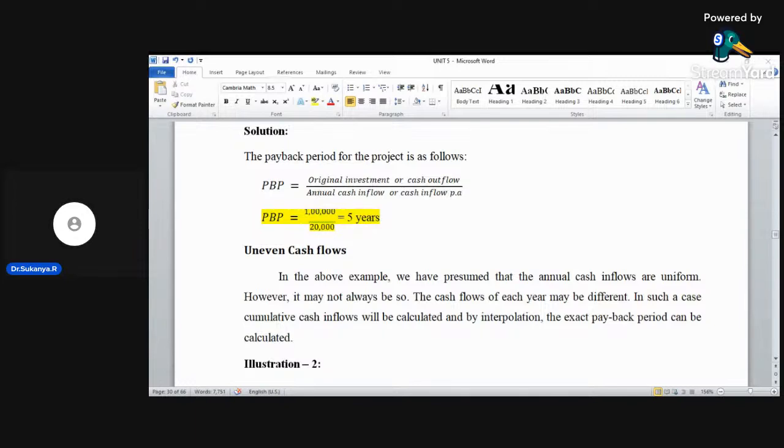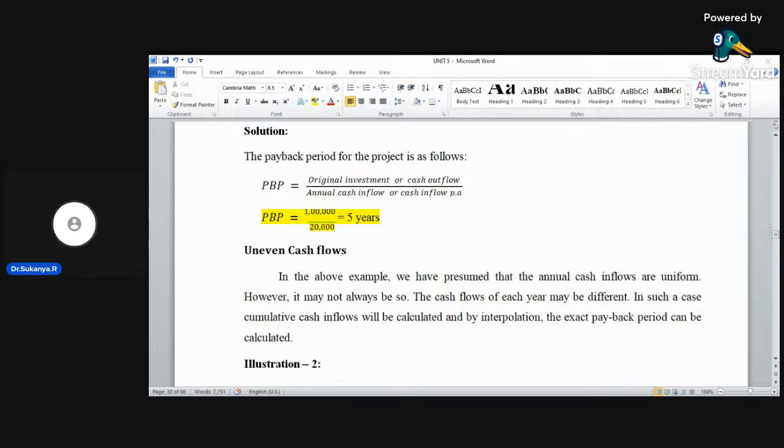Then, when we have uneven cash inflows, what do you mean by this? When the cash inflows are different for various periods of time. So, dear students, let us see how to calculate the payback period whenever there is an uneven cash inflow. Uneven cash inflow means that for each and every year, whatever cash inflow is there keeps on varying over a period of time.